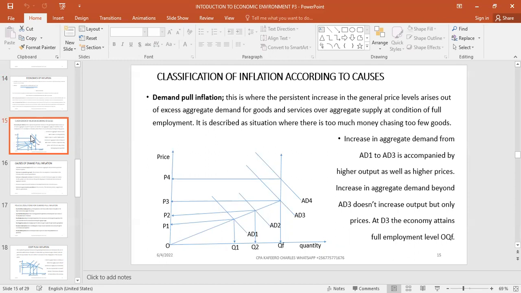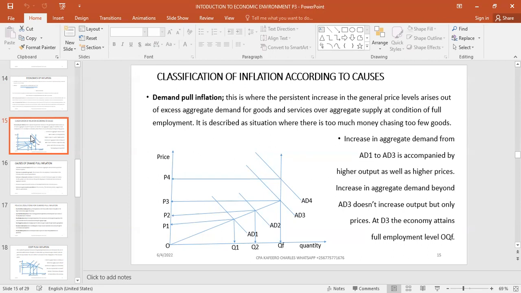Demand pull inflation, this is where the persistent increase in the general price level arises out of excess aggregate demand for goods and services over aggregate supply at a condition of full employment. Here, the things we are going to be talking about is, one, there is excess aggregate demand.